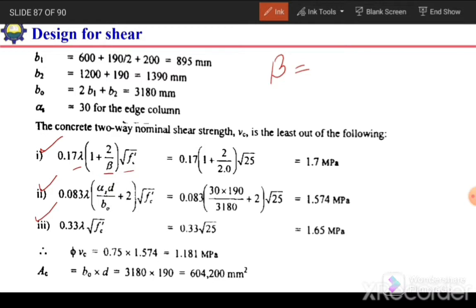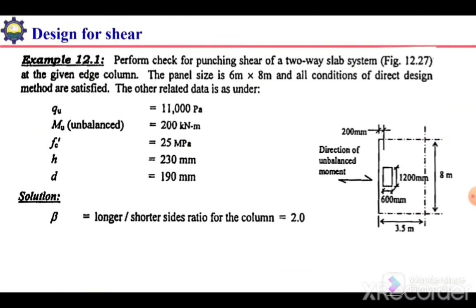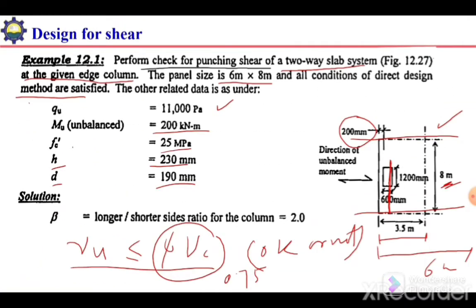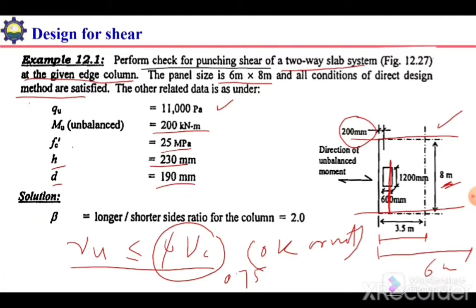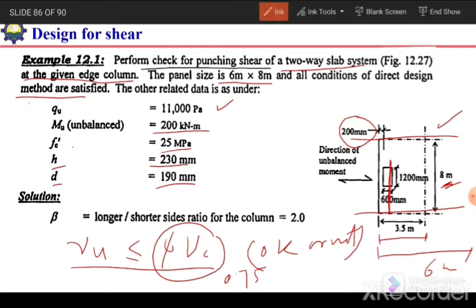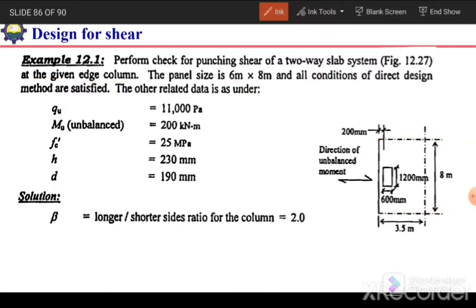For example, in our case the longer side of the column is 1200 and the shorter side is 600, so beta is 1200 divided by 600. So it will be equal to 2. So this beta is equal to 2.